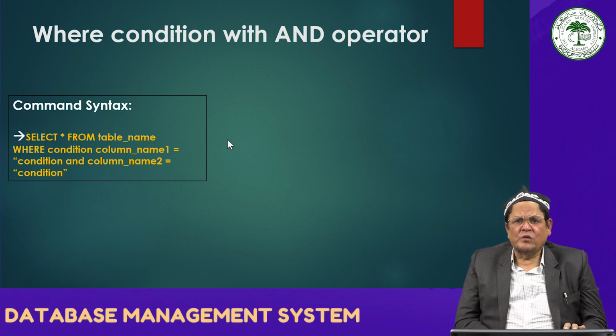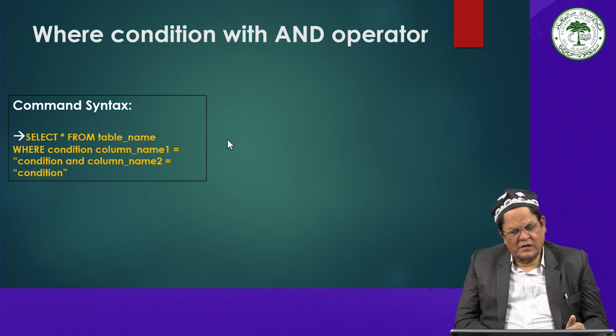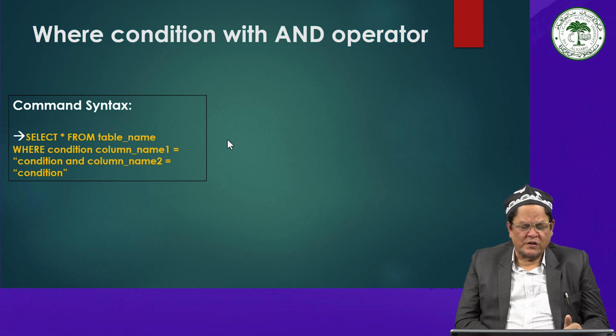If you want to know the client number and client name, you write select client number, client name. But this is a general syntax. So here we have used select star from table name where column name is equal to condition and column name is equal to condition.